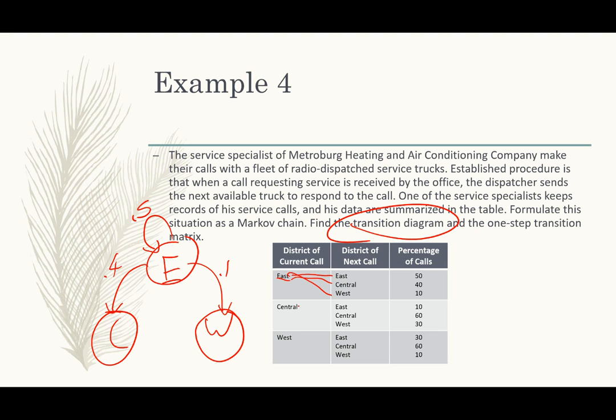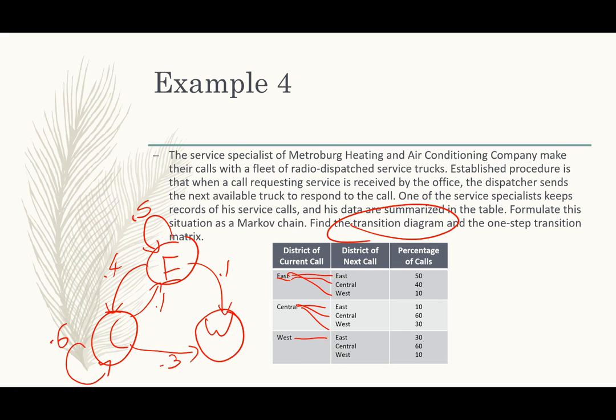Now I'll do the central. Central to east is 0.1. Central back to central, a little loop back upon itself, is 0.6. I know this looks kind of crappy, but it's fine. And then central to west is 0.3.